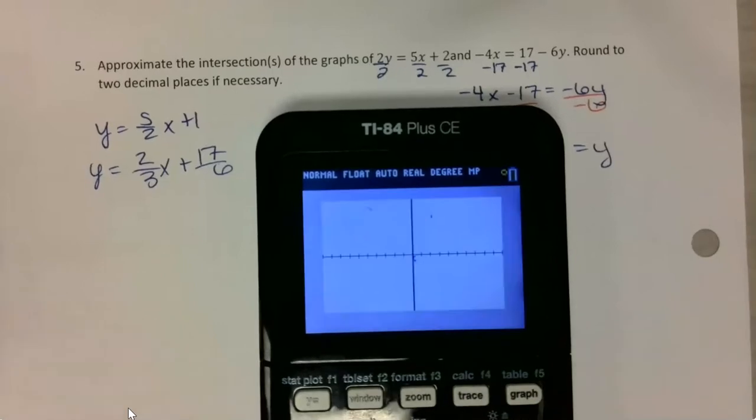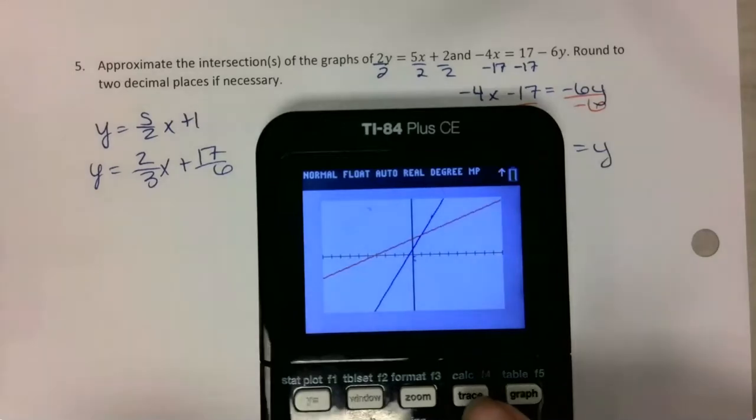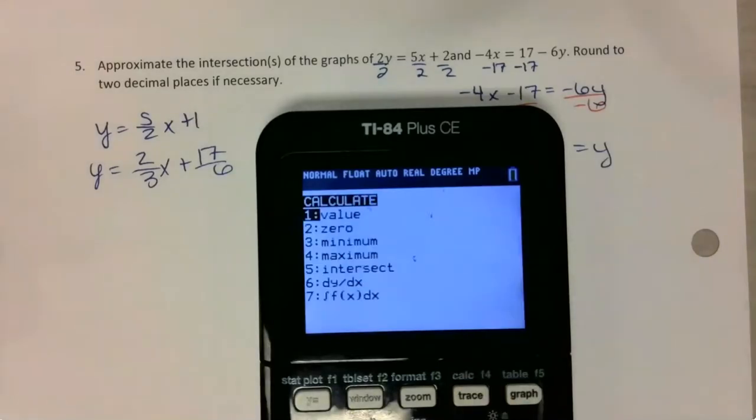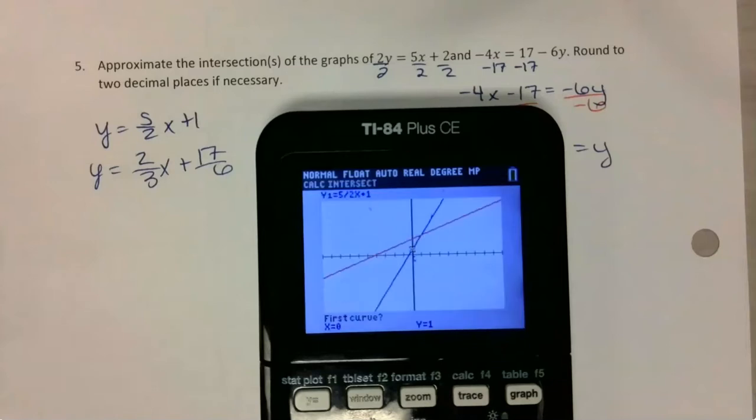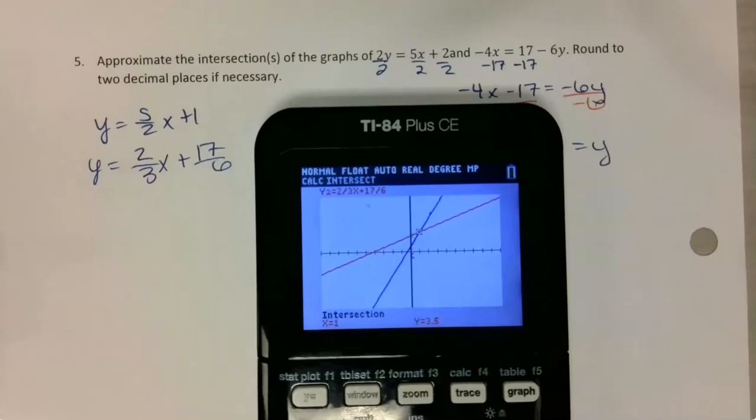I want to graph these two. And they are only crossing once, so I'm going to go second trace. This time I'm looking for their intersection, so I press 5. I press enter 3 times, once to select the blue line, once to select the red line, and then once just to guess. It gives me the intersection at 1, 3.5.